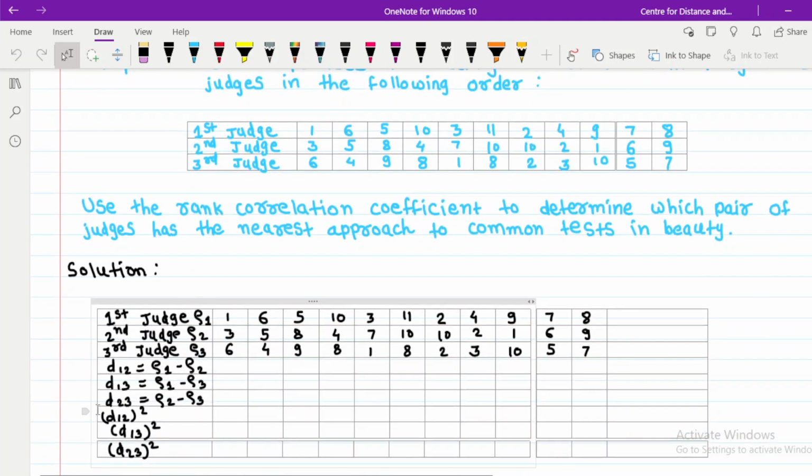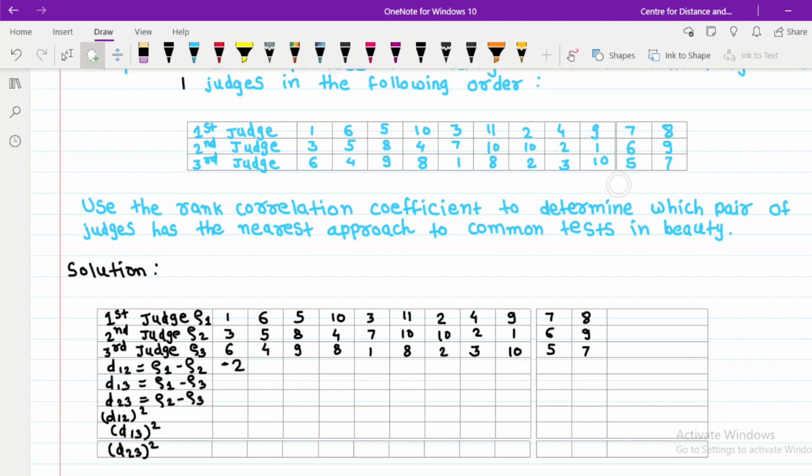Then we have to calculate D12, which is equal to row 1 minus row 2, that is 1 minus 3 is equal to minus 2.